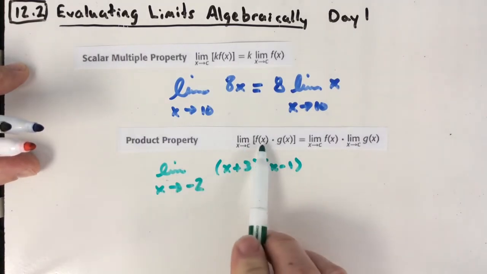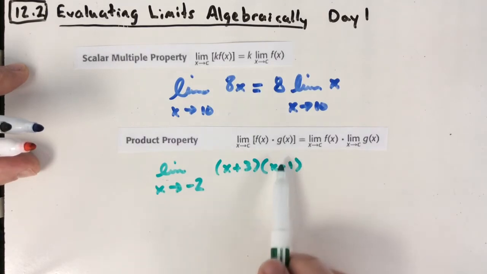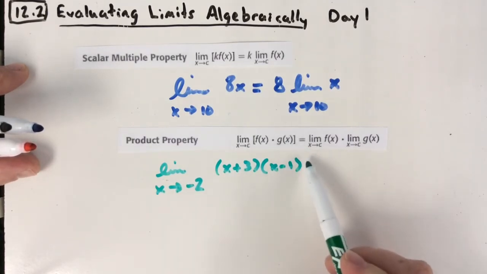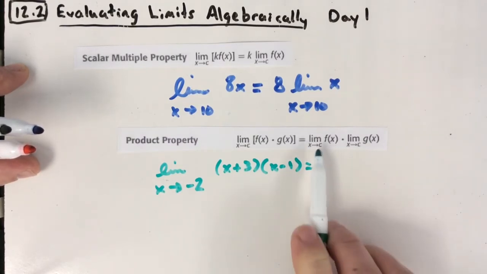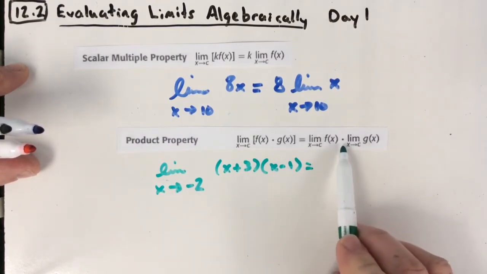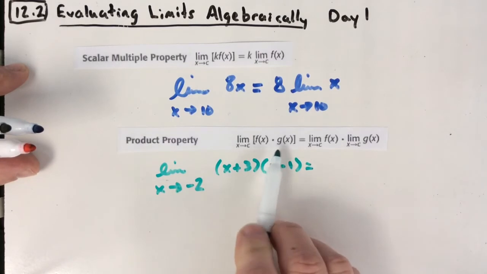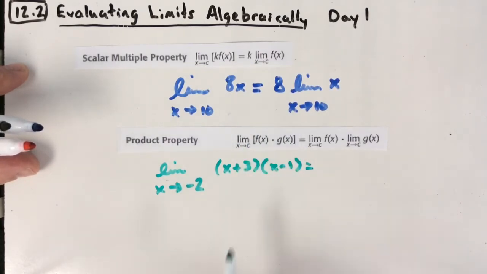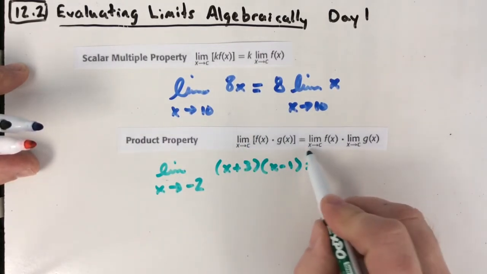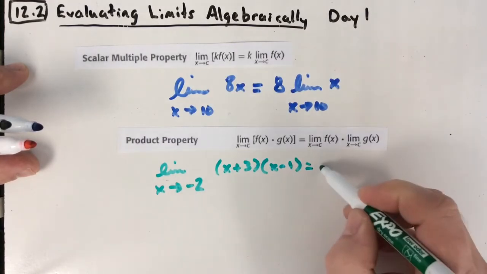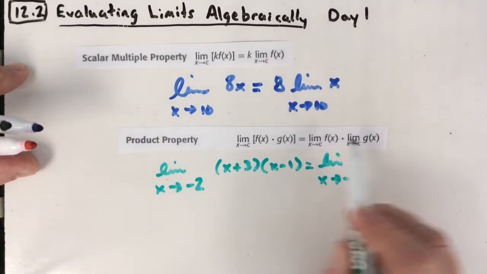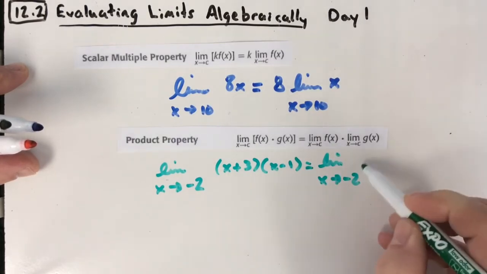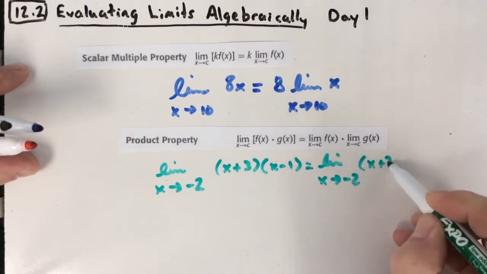So that's our limit, and f of x is like the x plus 3, g of x is like the x minus 1, and then that's going to be equal to, and if you look at what happens on the right side, you can break this up into two separate limits with multiplication in between, instead of one limit with two things being multiplied together. So it's going to be the limit as x approaches c, which is our -2 there. So the limit as x approaches -2 of the first value, which is an x plus 3.